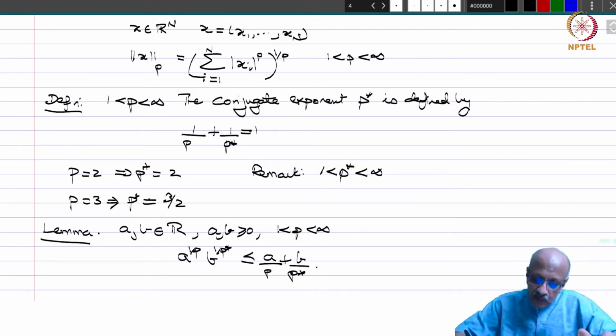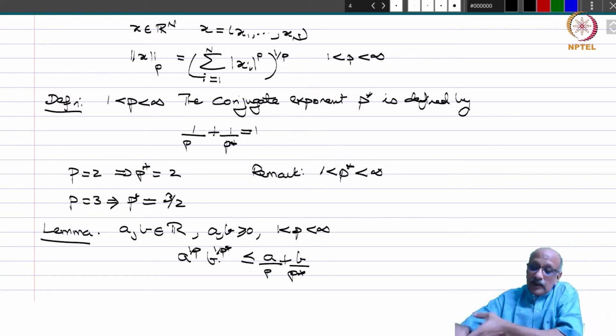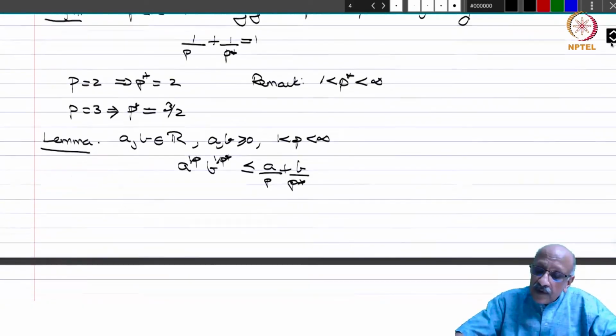If p equals 2, then p star is also 2, and therefore a^(1/p) b^(1/p star) is nothing but the square root of ab, and the right hand side becomes (a+b)/2. So this is nothing but the arithmetic mean greater than or equal to the geometric mean. So this inequality is a generalization of that particular inequality. So let us try to prove this.